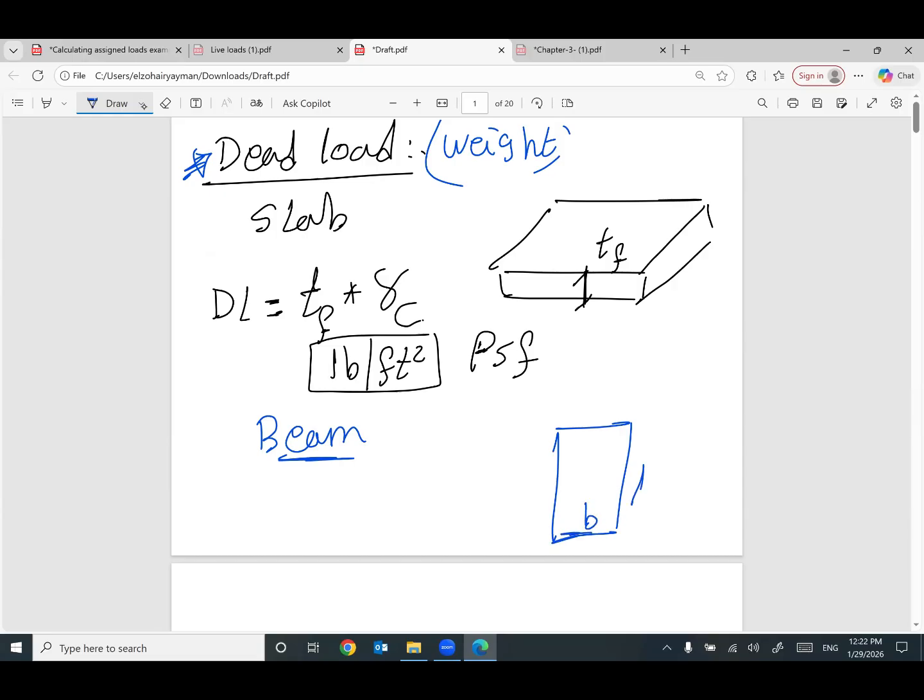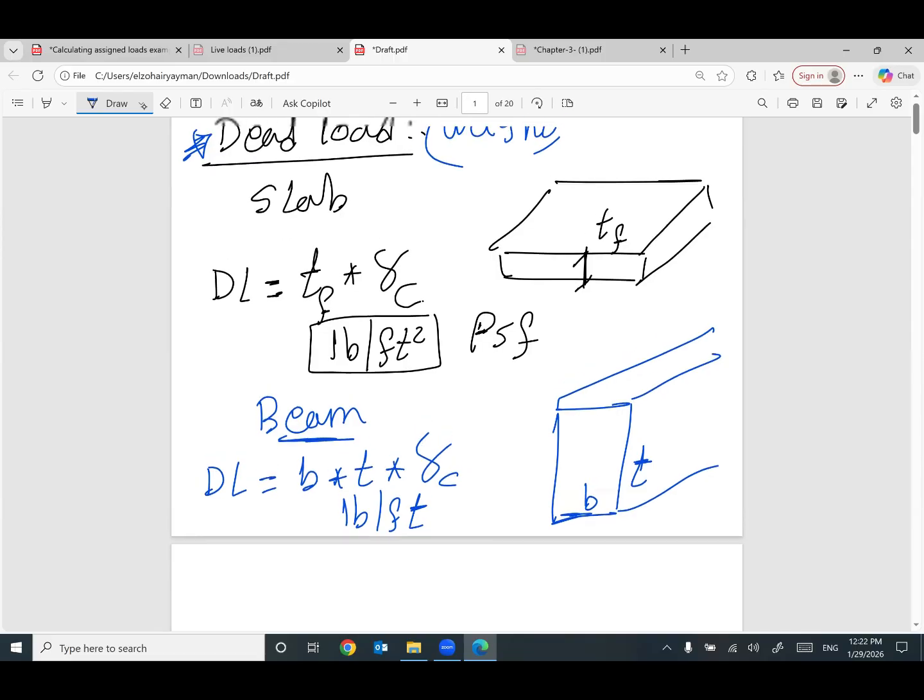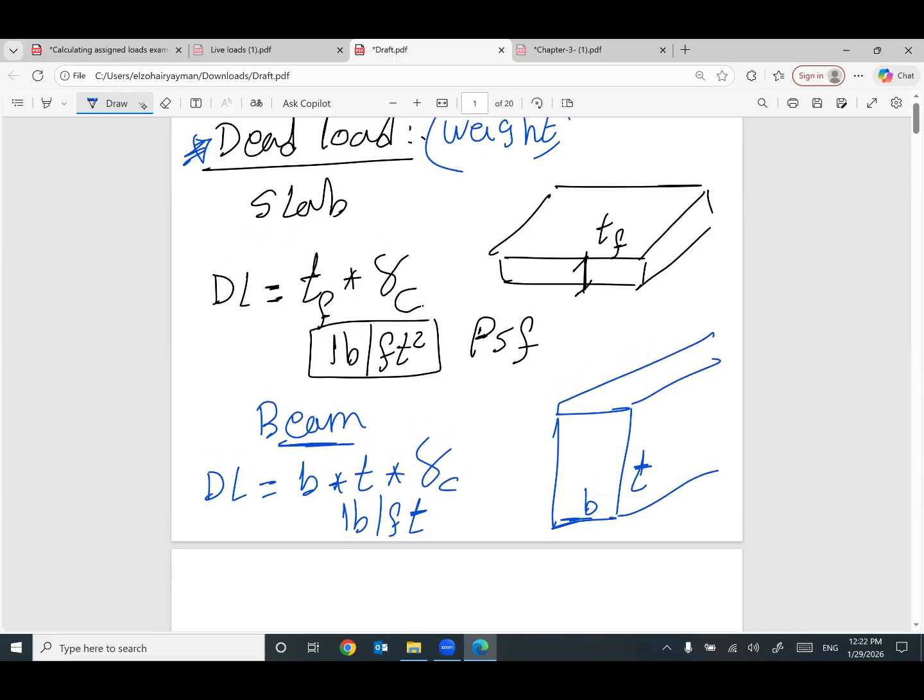We have B, we have T. If you multiply B by T by gamma concrete, you can get the dead load in pounds per foot. That makes sense? Pounds per foot. This is for the dead load on the slab. This is the dead load on the beam.